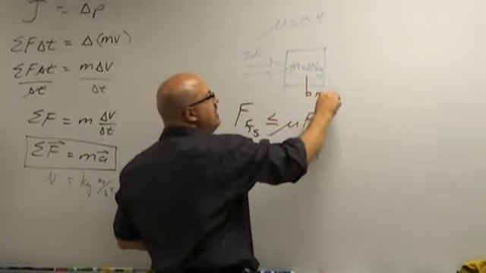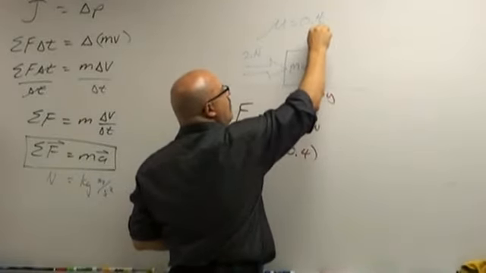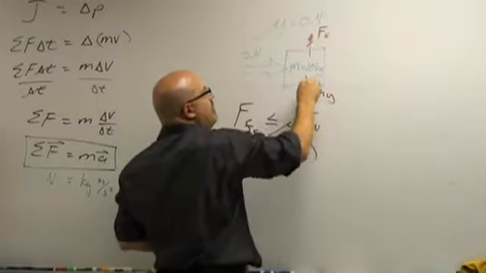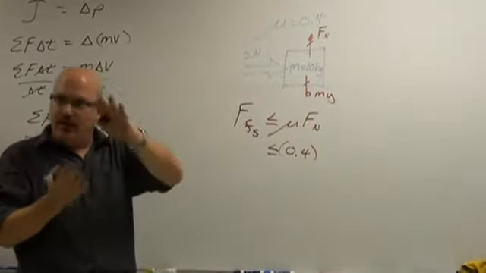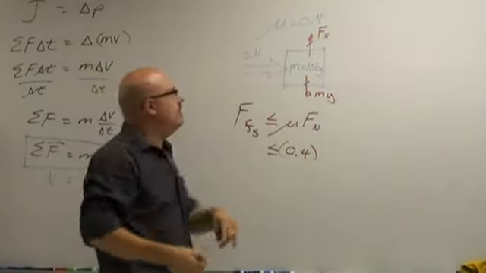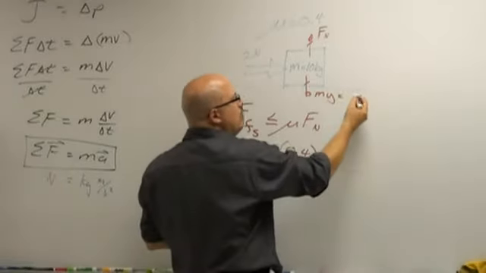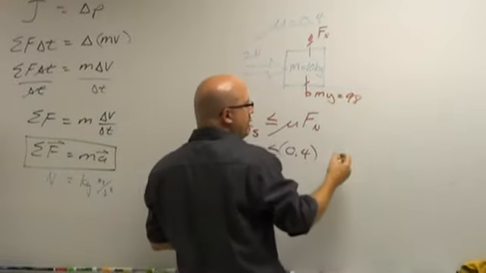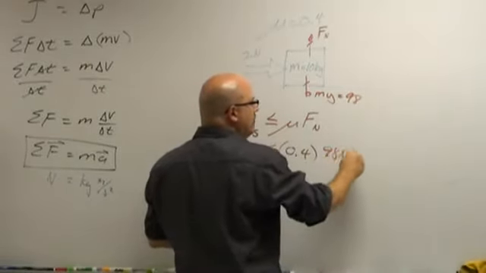I got mg down. I got normal force up. And they must be equal, right? Because it's on a horizontal surface. There are no other up and down forces. So that's going to be 98 newtons.